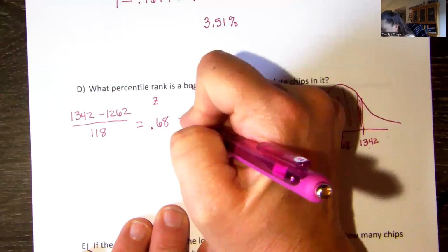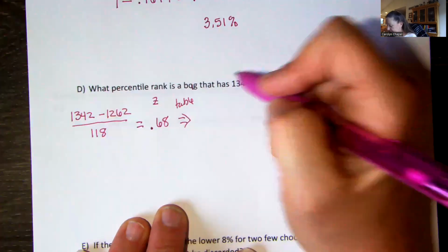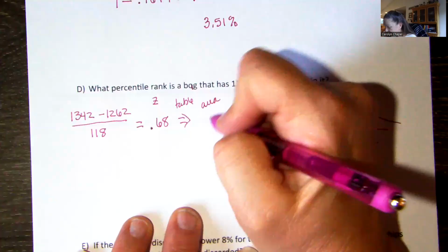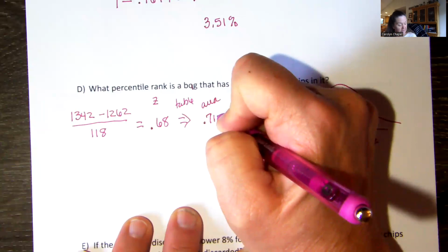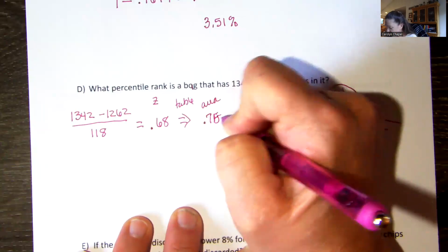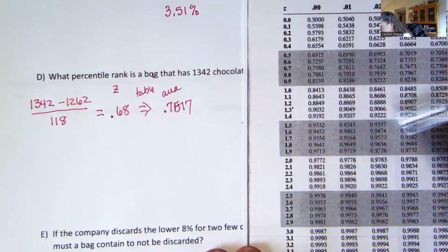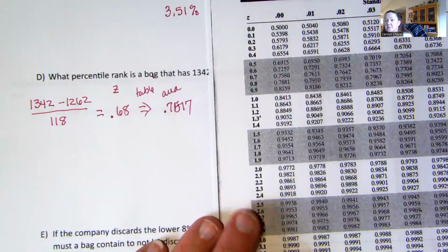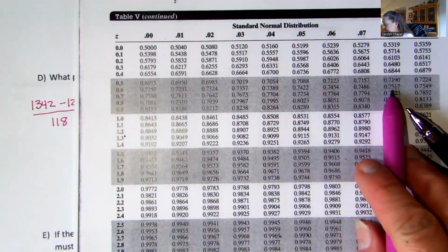So we're going to go to the table and find the area, or the probability, or the percentile, or the proportion. So if I looked it up here for you guys, 0.68, oops, way over, 0.7517.